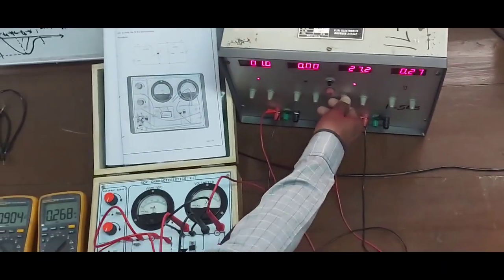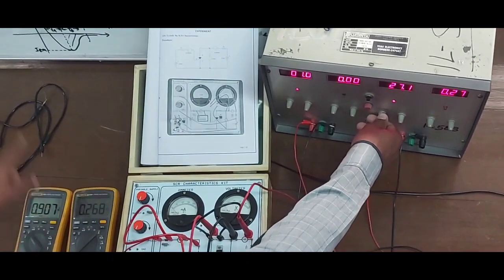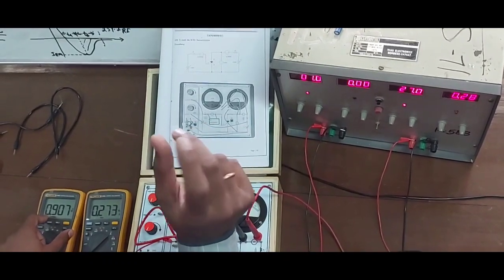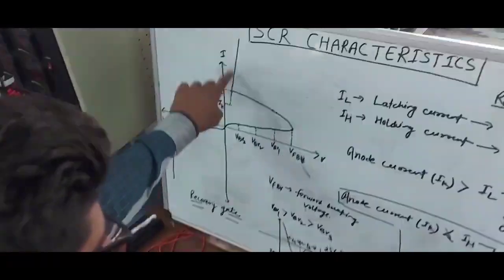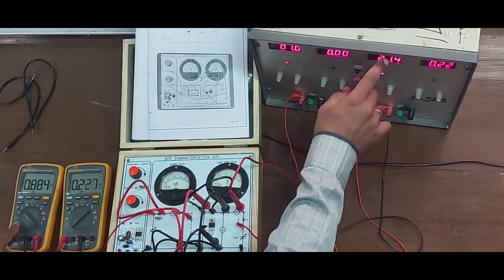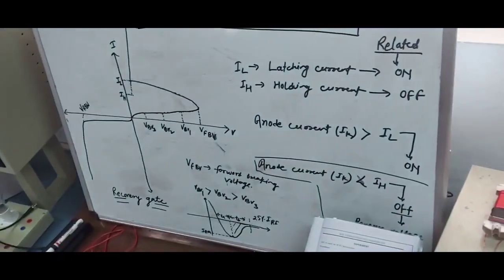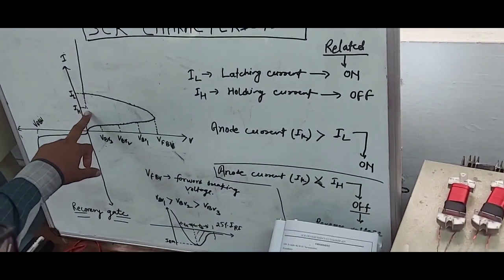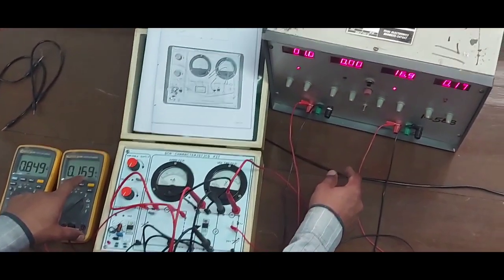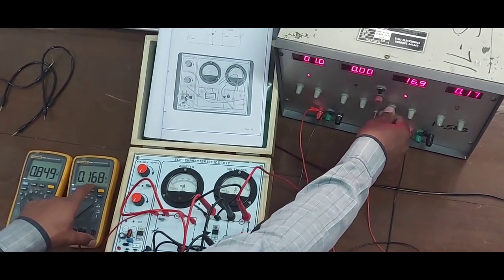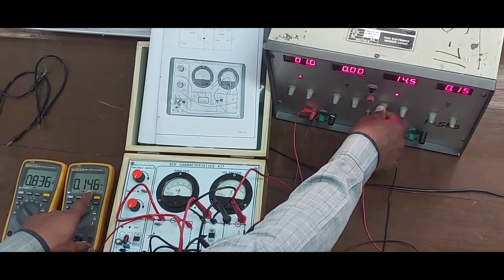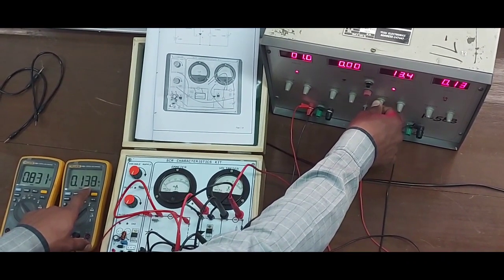Similarly, if you vary to a higher voltage, the anode cathode voltage stays in a very small range, but the current will flow very gradually. Now I decrease the current to find the holding current, the minimum current needed to keep the SCR on. You see here the SCR is able to carry anode current. Now I reduce it: 144, 143.